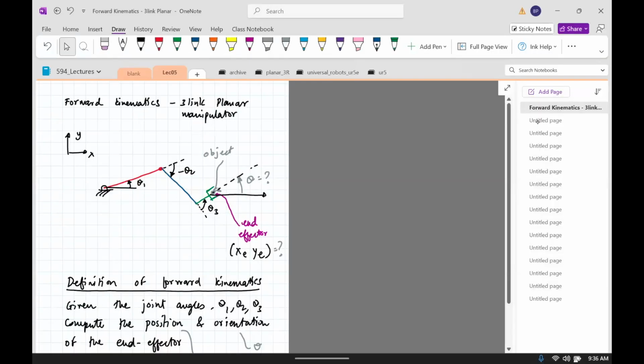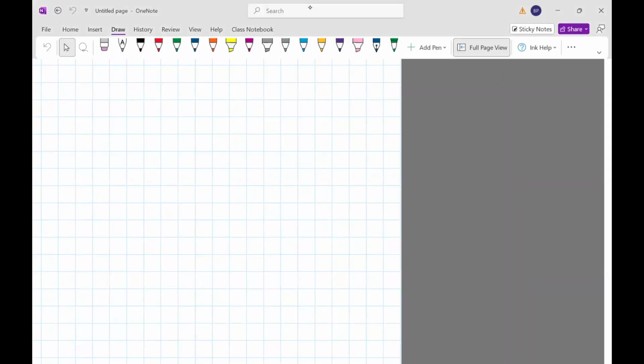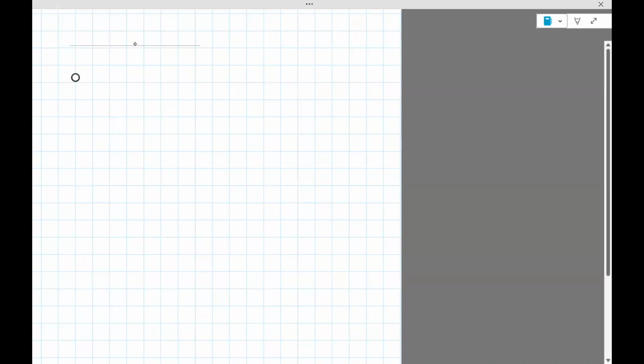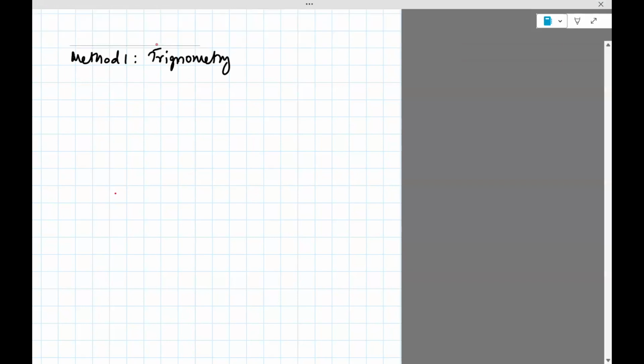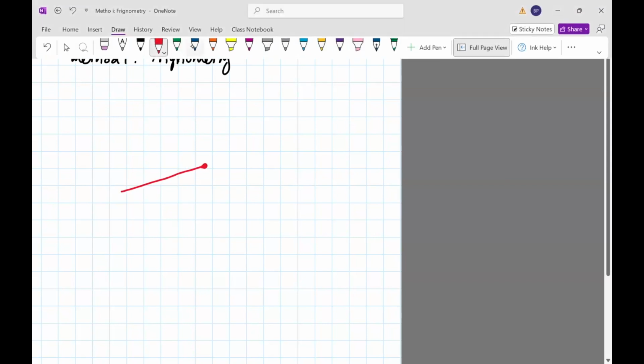So what we'll do is we'll use trig to do this. So method one, just simply trigonometry. So in the trigonometric method, what you'll do is you'll show the angles in a non-zero position first.